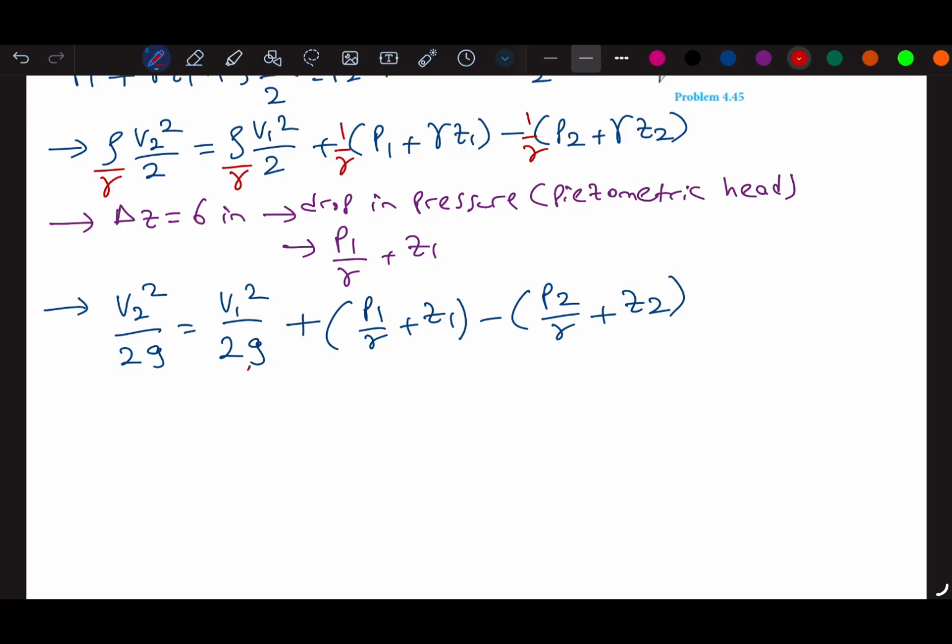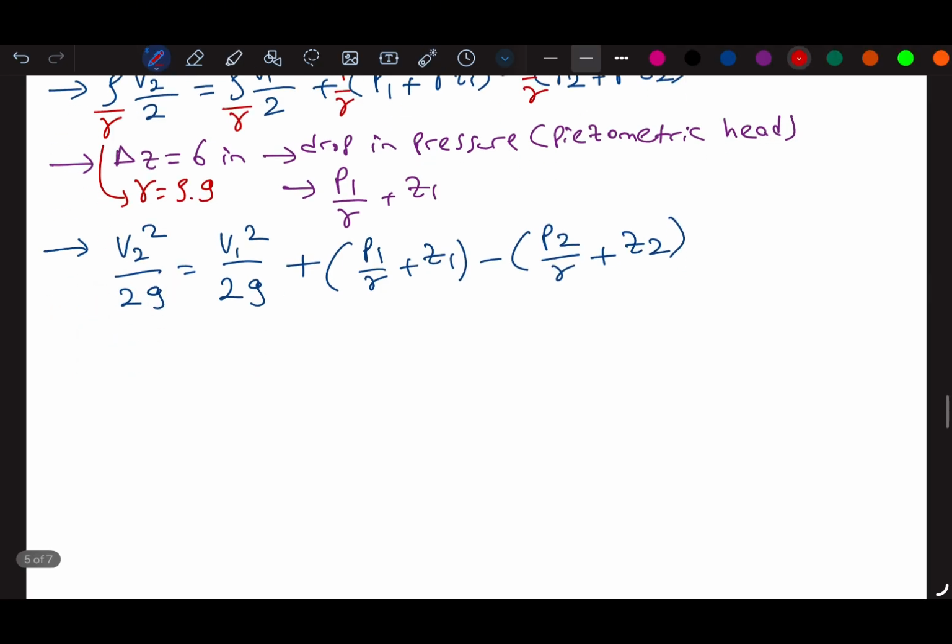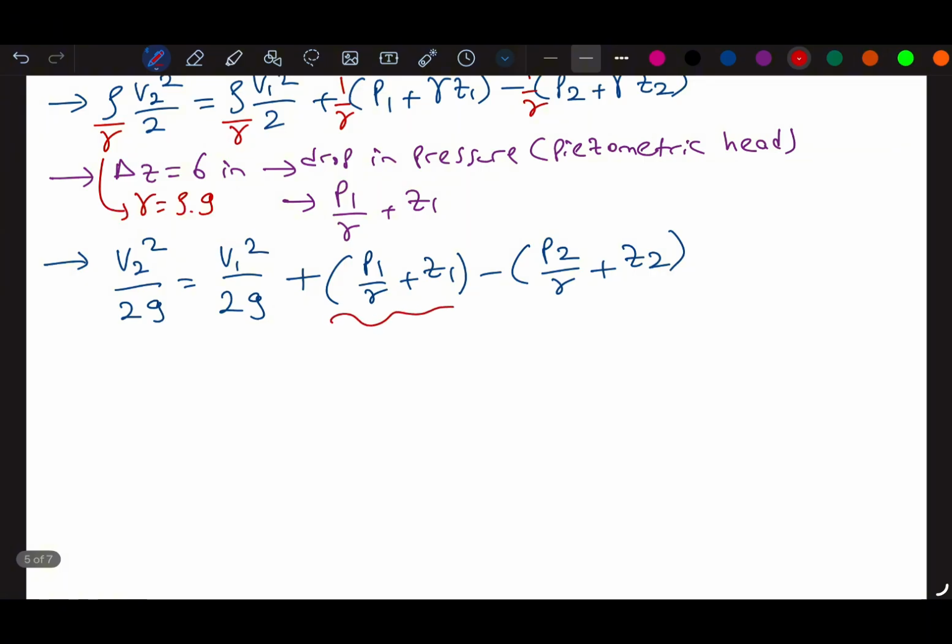And as a note, this is coming from gamma equal rho times gravitational acceleration. So these terms will cancel each other, and we will get 1 over G, which is here. So the delta Z, which is the difference in piezometric head, is 6 inches, and this is actually 0.5 feet.